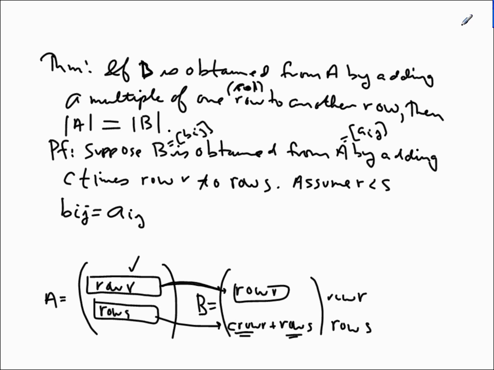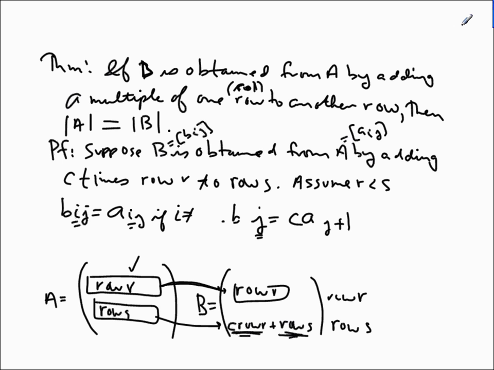So this is true if I, which is the row value, is not row R. Okay? Well, what if it is row R? What will BRJ equal? Well, you get C times the row R entry in column J, that is, you get C ARJ, plus you get the regular row S, which is, oh, now I do have a bit of a problem here.